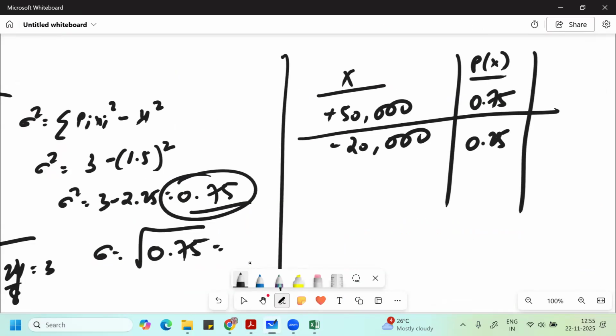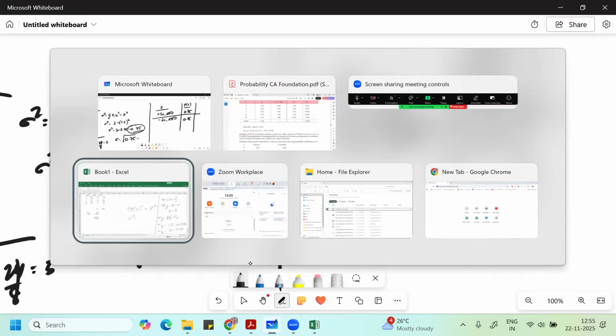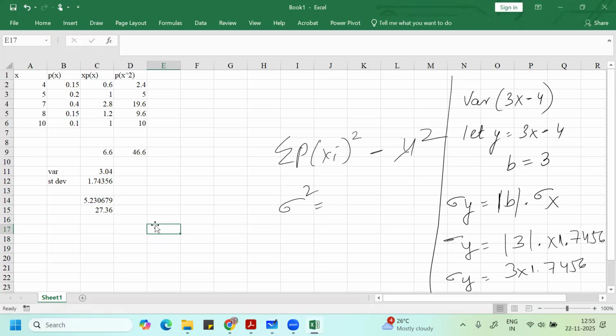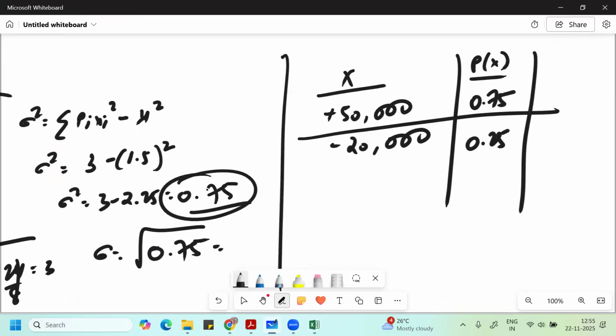Just multiply this. So 0.75 into 50,000, and then 0.25 into 20,000, and do the sum of this. 0.75 into 50,000 gives you 37,500. This is the expected value.